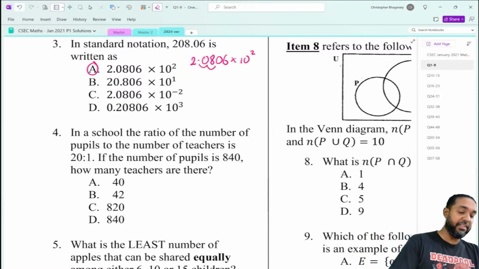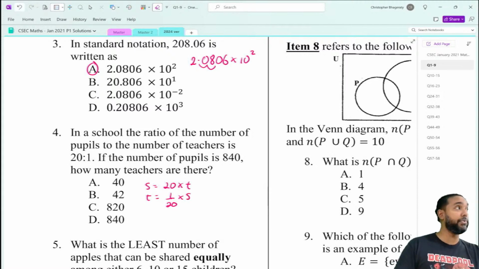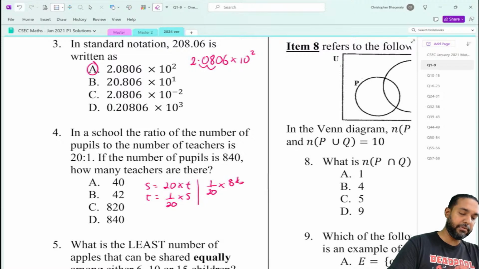So students would be equal to 20 times teachers. If you reverse it now, it means that the teachers is equal to 1/20th the number of students, or students divided by 20. Does that make sense? All right. So all we have to do therefore is find 1/20th of 840.